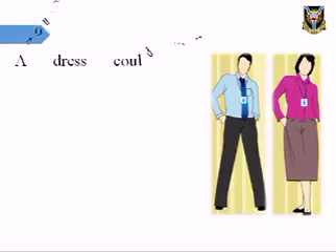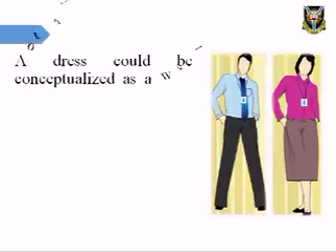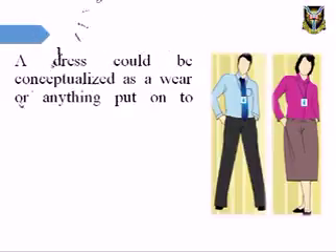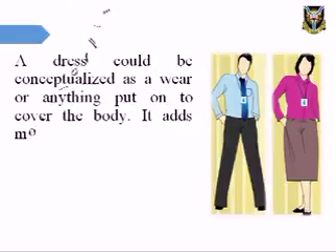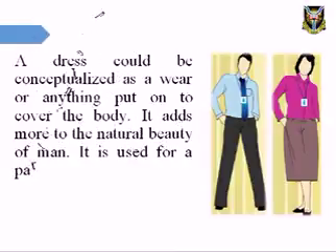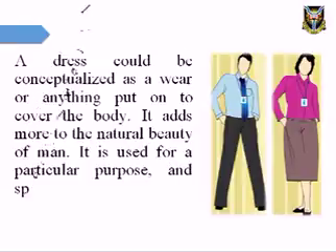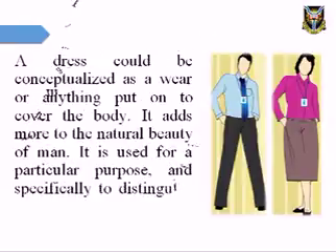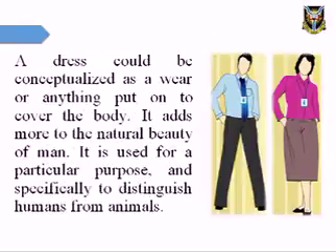A dress could be conceptualized as a wear, or anything put on to cover the body. It adds more to the natural beauty of man. It is used for a particular purpose, and specifically to distinguish humans from animals.